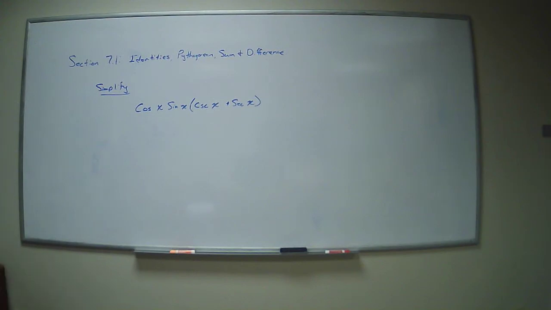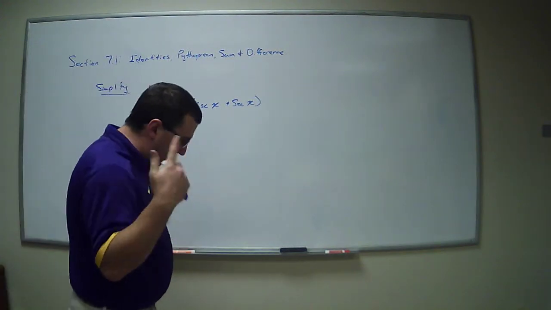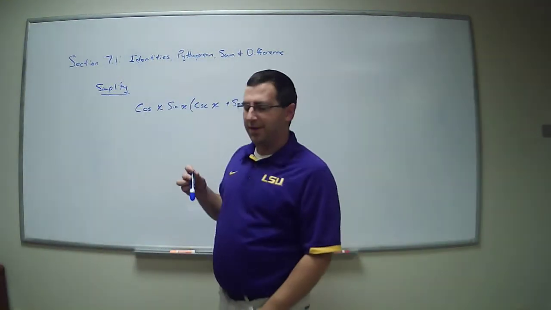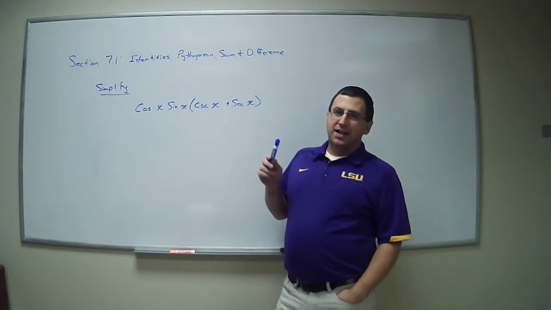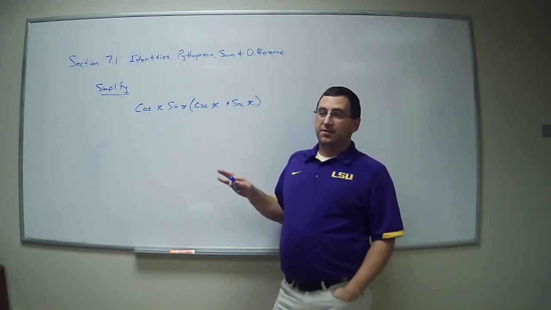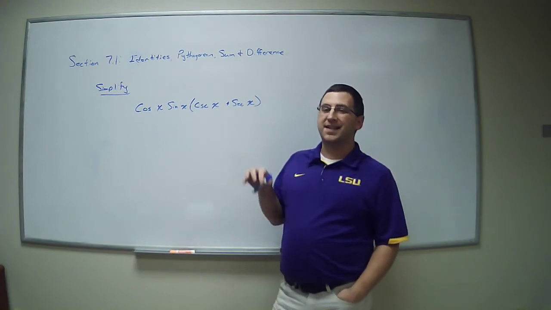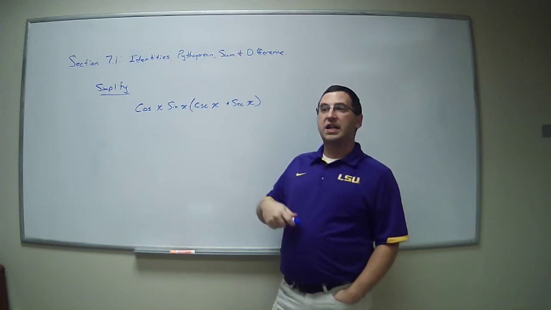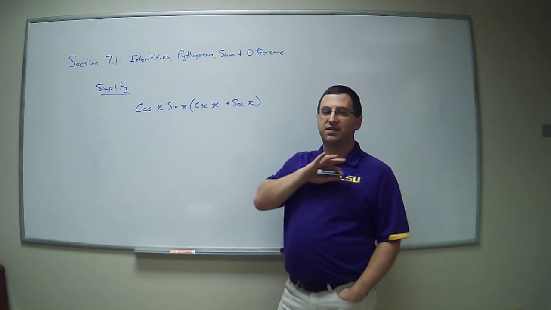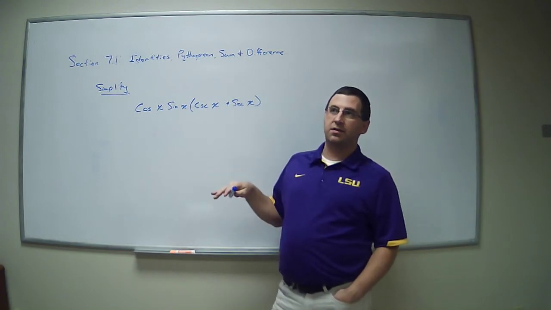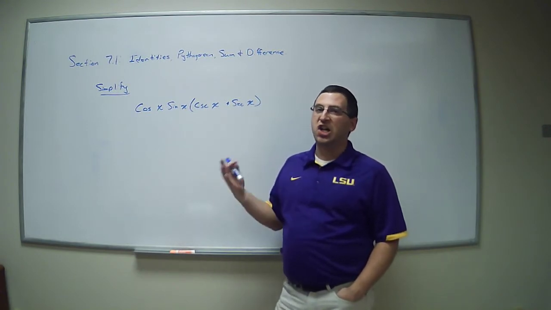Now, a little trick that I learned along the way when I was trying to solve identities is you want to get your identities or your final answers in terms of sines and cosines. That's really what you want to boil it down to. Once you get it in just sines and cosines for your answer, that's how you know you're done.